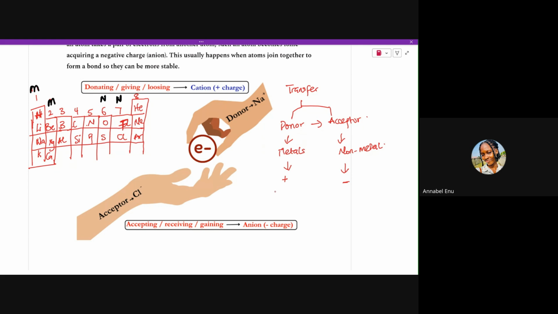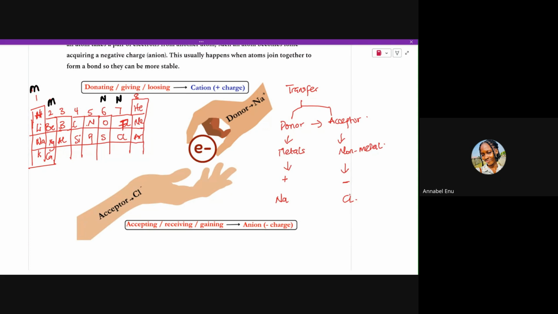Okay, so a metal would be sodium. You can see it in group 1, and I said group 1 elements are all metals, right? So let us say sodium. And let us pick a non-metal like chlorine. So these two would bond by ionic bonding. Why?